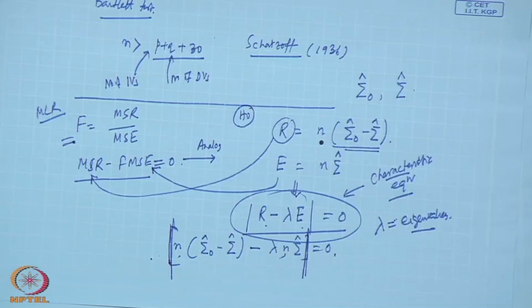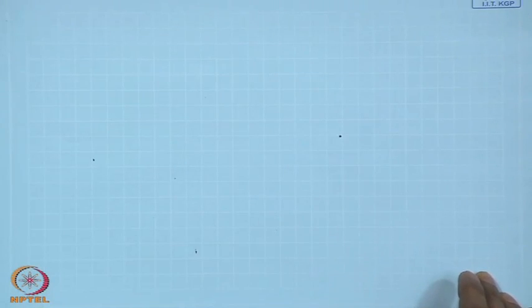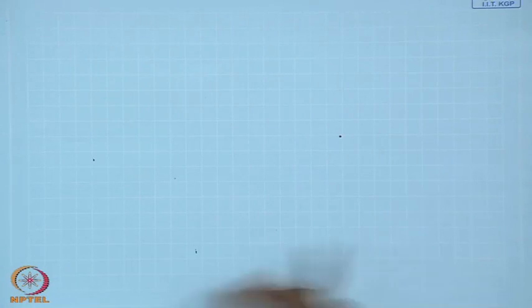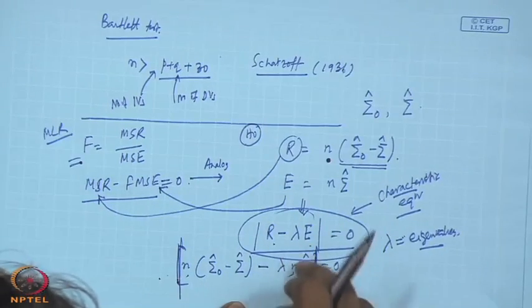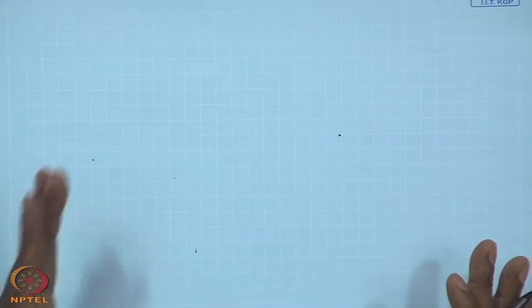That you know. Now this eigenvalue lambda, how many eigenvalues will be there? It all depends on the order of this resultant matrix. We always think of the determinant, meaning a full rank matrix is required.